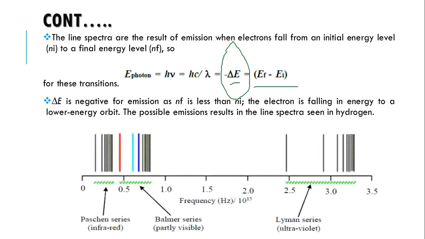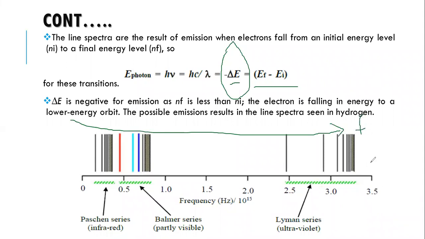So you can see here the variation of the line spectrum of hydrogen according to the frequency. You can see this area is the increasing side of the frequency.